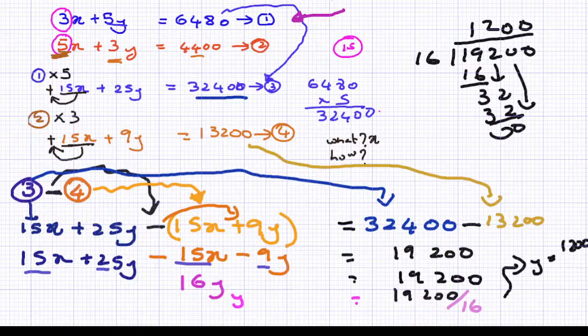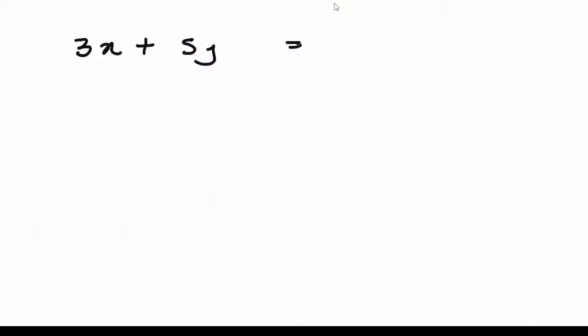All right, I'm using equation number 1. So 3x plus 5y is equal to 6,480. So 3x plus 5 into, just a while ago I found out what y's value is. What is y's value? 1,200. That's what I found out a while ago.